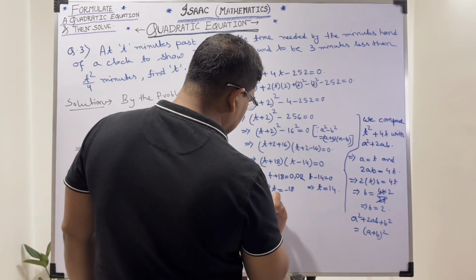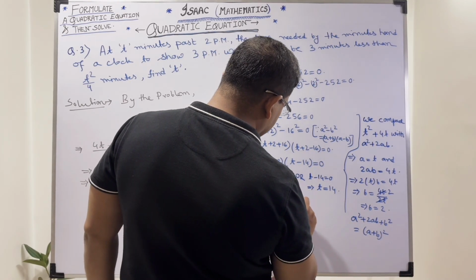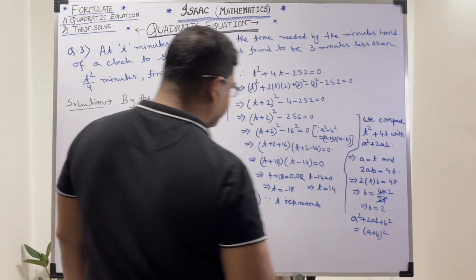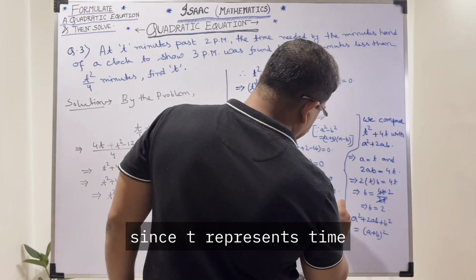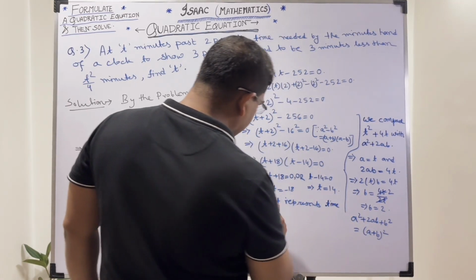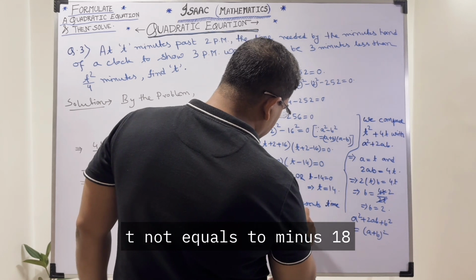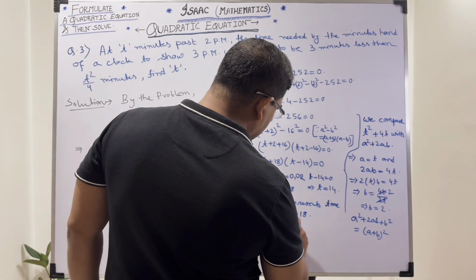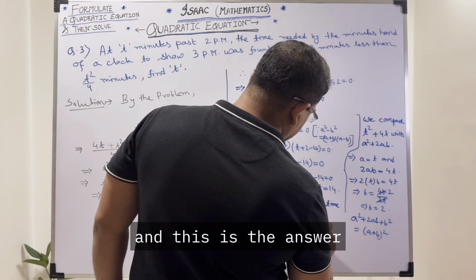Okay. Since t represents time, so t is not equal to minus 18, therefore t equals to 14, and this is the answer.